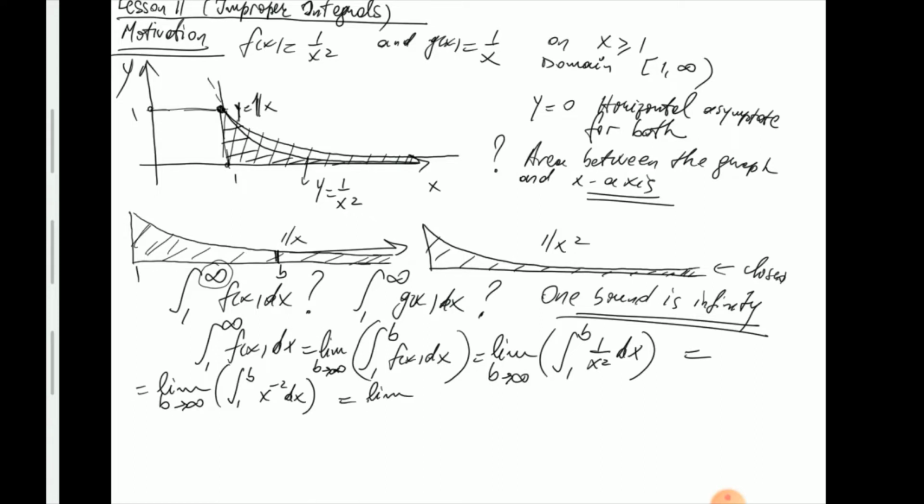And by the way, we could do this limit at the end if you don't want to carry this limit with you while you do the integral. So that's a power rule. So you have x to the minus 2 plus 1 over minus 2 plus 1 between 1 and b. So let's simplify this a little bit. x to the minus 2 plus 1 is x to the minus 1 over minus 1. That's just minus 1 over x between 1 and b.